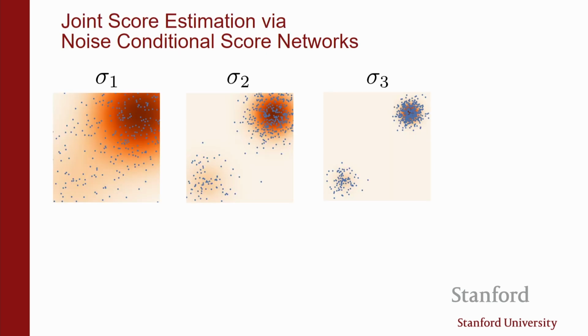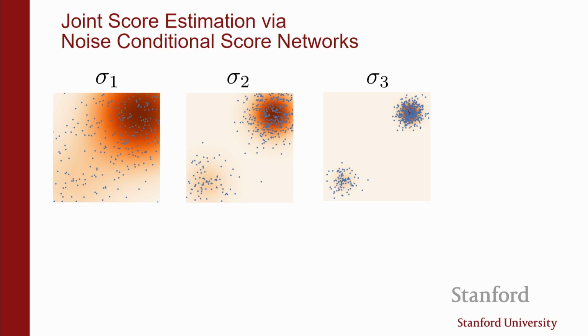And we've seen that in order to make this work, it actually makes sense to not only estimate the score of the data distribution perturbed with a single noise intensity, but you actually want to estimate the score of multiple versions of the data distributions, where each version has been perturbed with a different amount of noise.